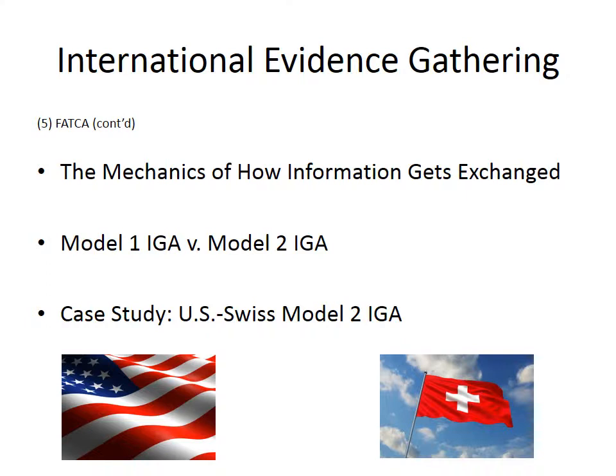There are 2 main methods that information gets exchanged between foreign banks and the IRS, or between foreign governments and the IRS. There's the Model 1 Treaty and the Model 2 Treaty. Now, as I was preparing the slides for this presentation, I was trying to think about what the best way for presenting this information would be.